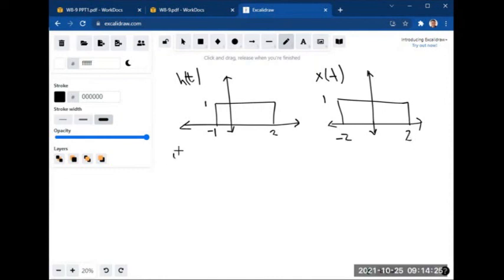So if we do the convolution of this one, I mean, if we draw the convolution, h of t. Again, this is multiple pulse signals here. This is a continuous convolution.